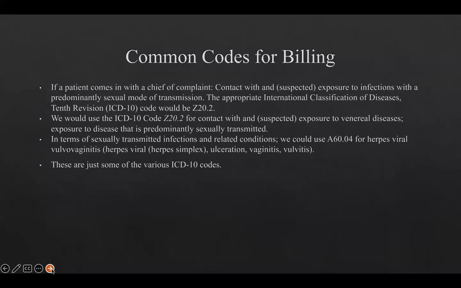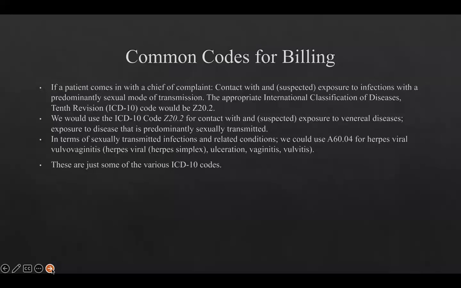And these are just some of the various ICD-10 codes. These are common when used for screening due to an increased risk of infection. If we wanted to screen for HIV, we would use the ICD-10 code Z11.4. If we wanted something for an encounter for adult medical exam with abnormal findings from the screening, we would use the ICD-10 code Z00.01.